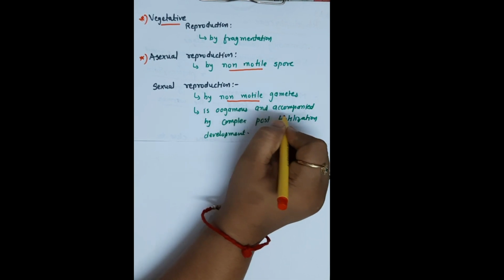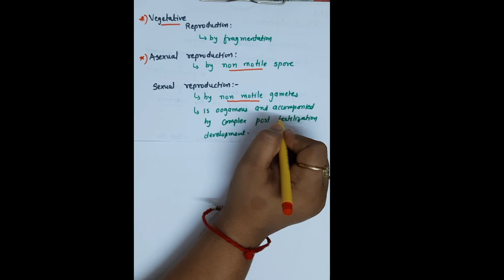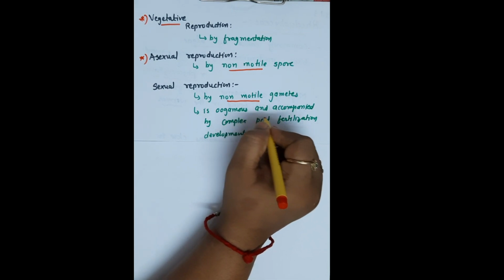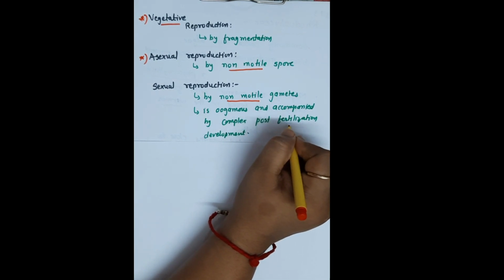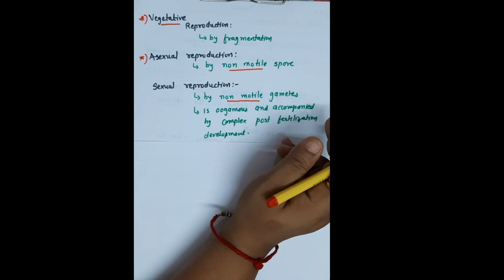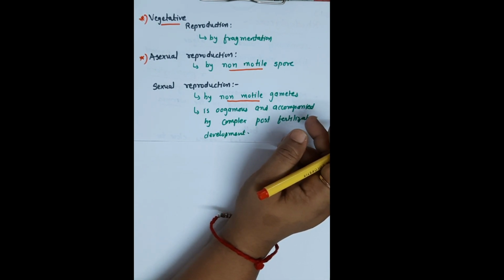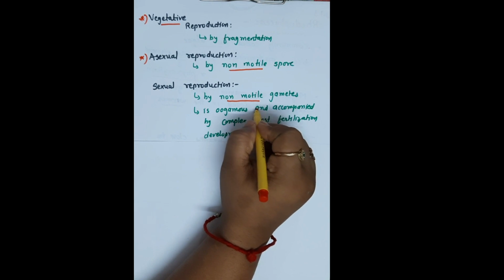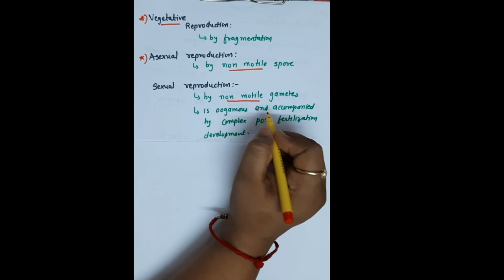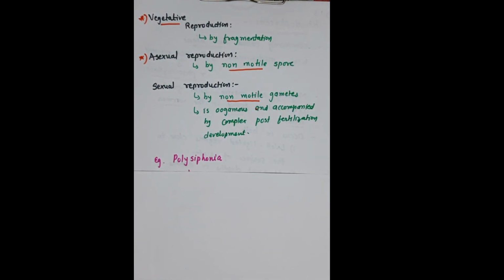And oogamous reproduction is accompanied by complex post-fertilization development, मतलब कि fertilization के बाद भी उसमें development देखने मिलता है. Okay.